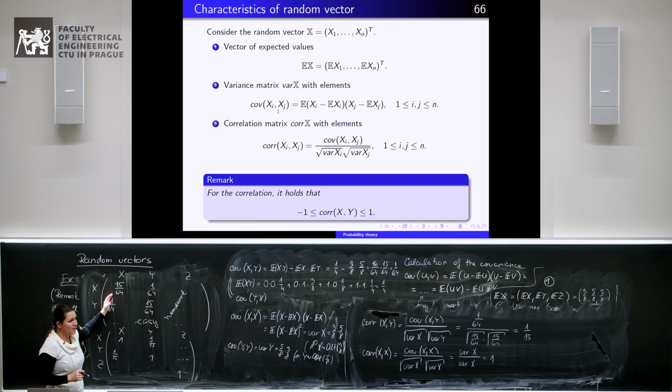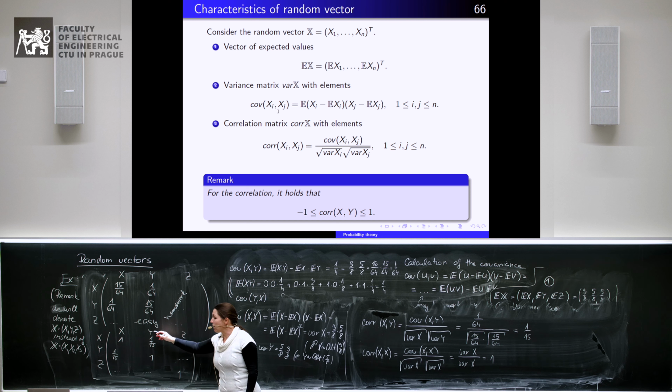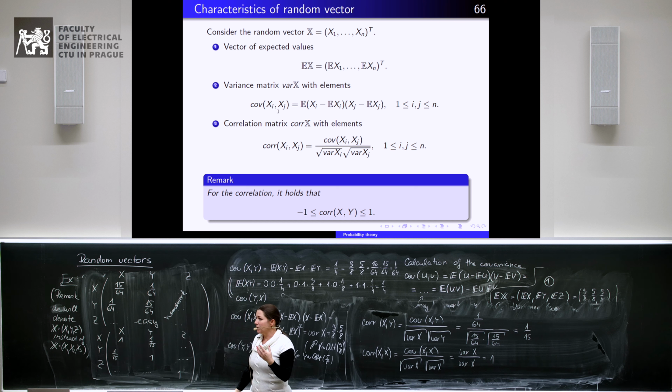So while in the variance matrix we have the information on the diagonal, meaning what is the variance of the separate item of the random vector, in the correlation matrix we have the information outside the diagonal, where the information is how strongly dependent the numbers are.